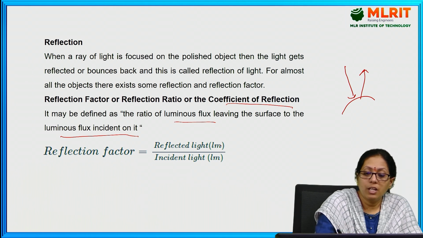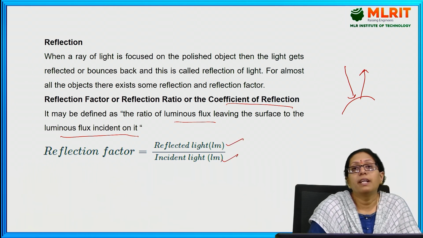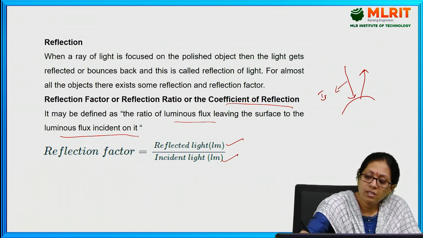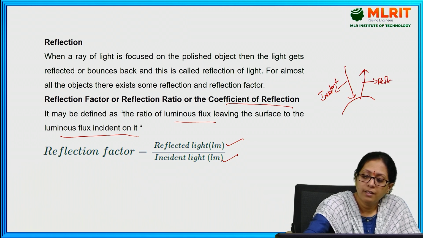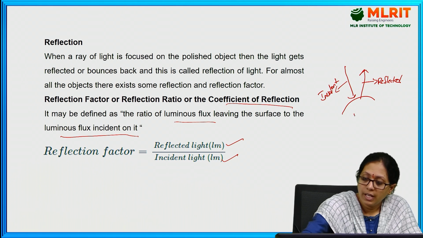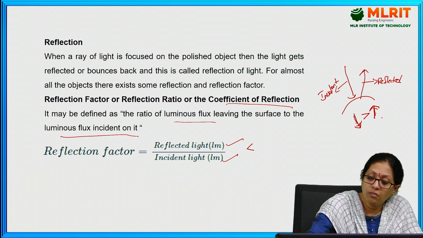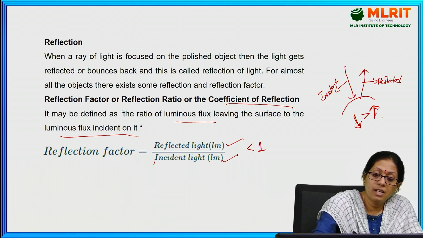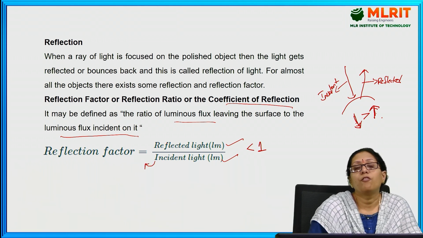That is the ratio of reflected light to the incident light. Here, this is the incident light and this is the reflected light. Incident light is always more than reflected light, so the ratio of these two will always be less than 1. So the reflection factor is always less than 1.